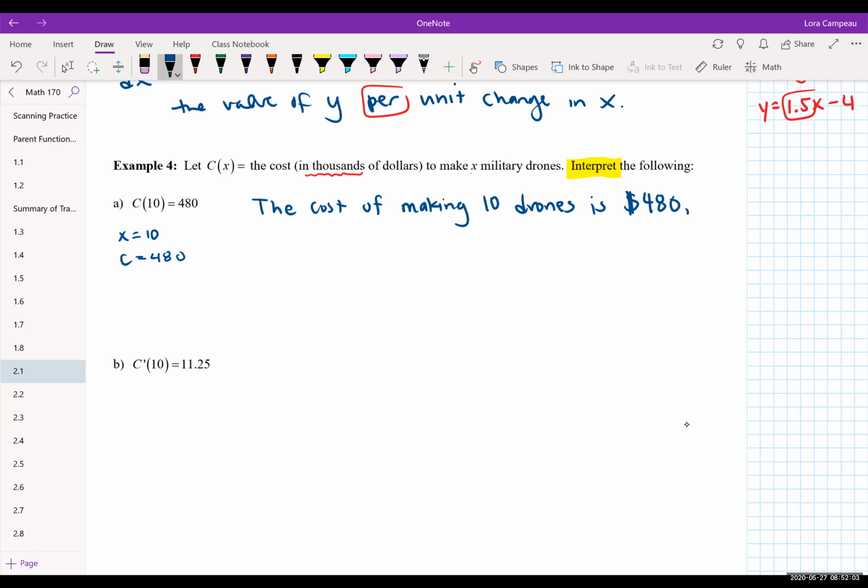So we're going to be really careful by including the appropriate units. That would be a big mistake if your company accidentally only charged $480 for the 10 drones. Someone would get fired. So be careful on that. So that's some function notation that we know and love.